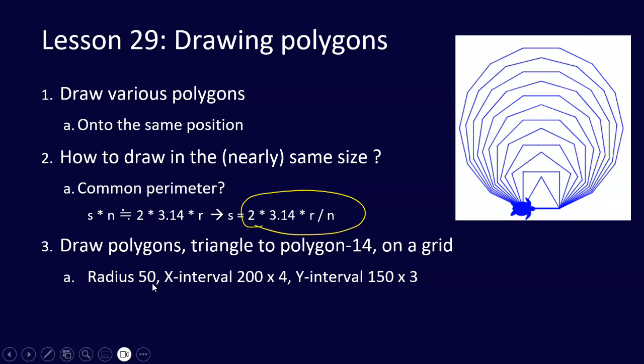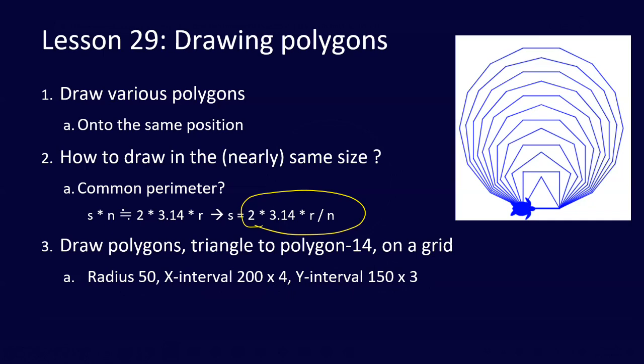Radius 50, commonly 50, and horizontally the interval is 240 in one row, and the y interval is 150, in three lines. Okay, stop the video and try yourself.